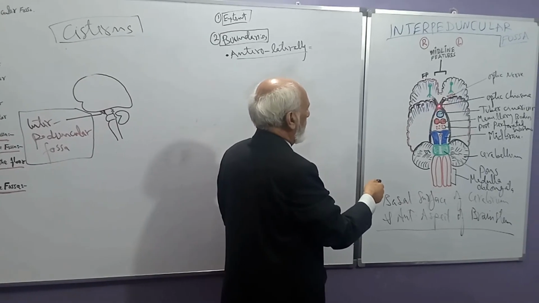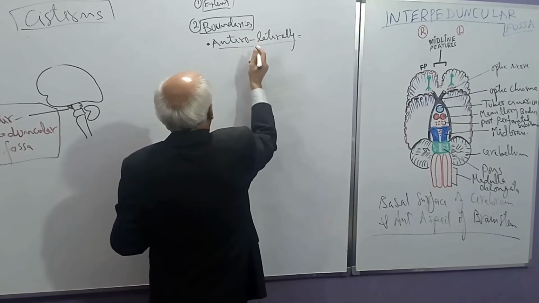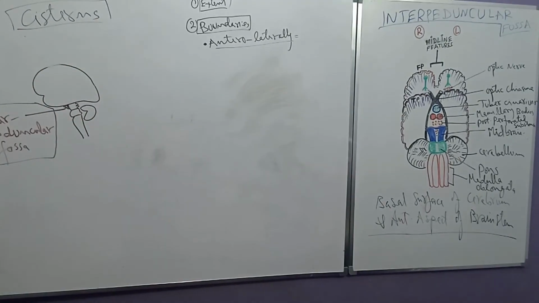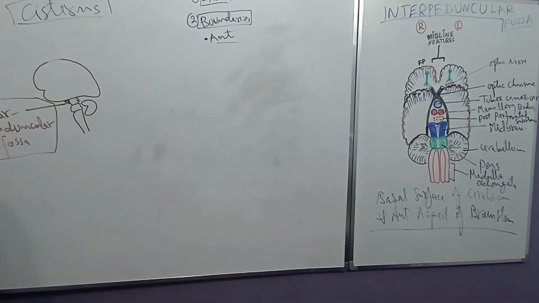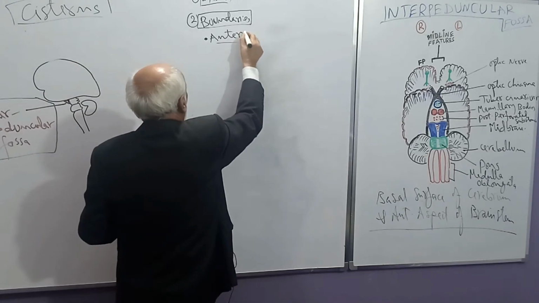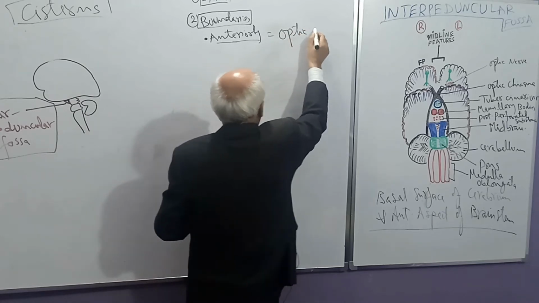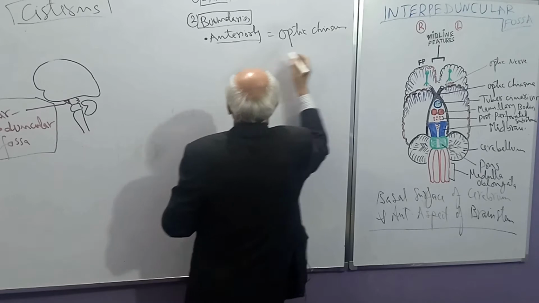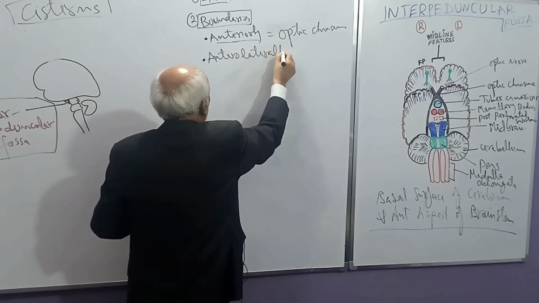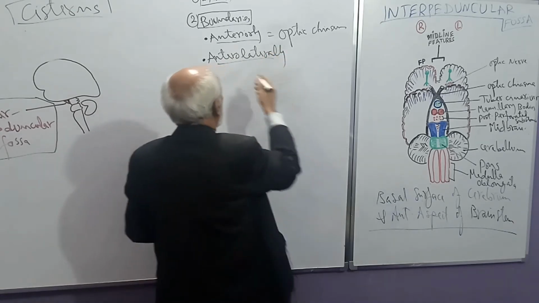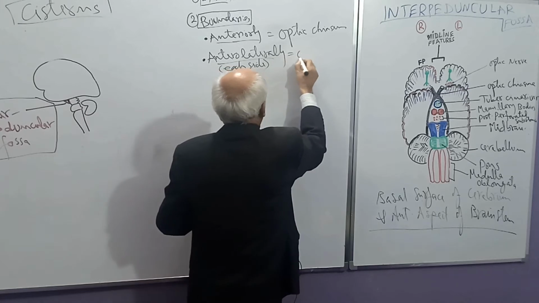So anteriorly is the optic chiasma, and anterolaterally on each side are the optic tracts.